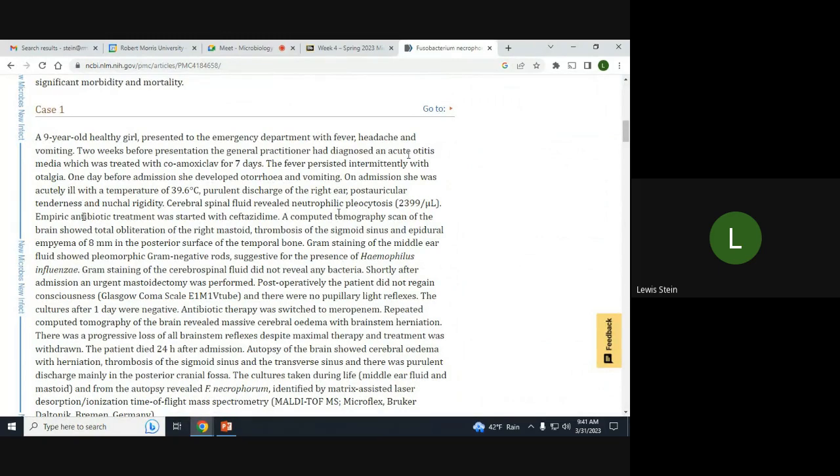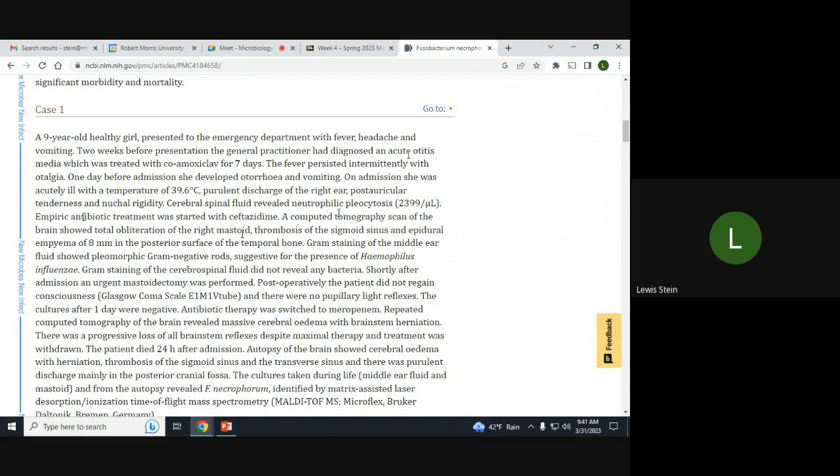You get bacterial meningitis from the weakness of the blood-brain barrier in your upper respiratory area. So there was cerebrospinal fluid neutrophilic pleocytosis. They used cephalosporin, CT scans showed total obliteration of the right mastoid, because mastoiditis, that's a mastoid.